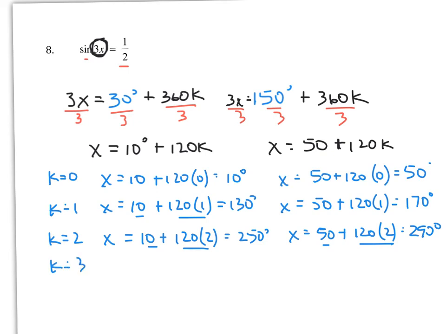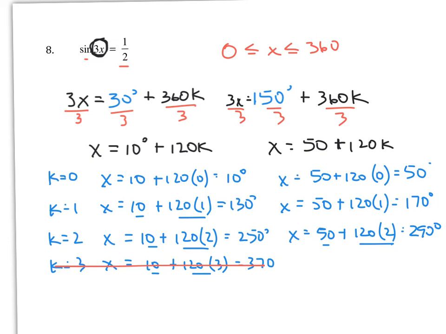If k is equal to 3, then x is equal to 10 plus 120 times 3, which is 360 plus 10, which is 370. Since it's no longer in the range, remember we wanted 0 to 360, this is out of it, so I can cross that one out.